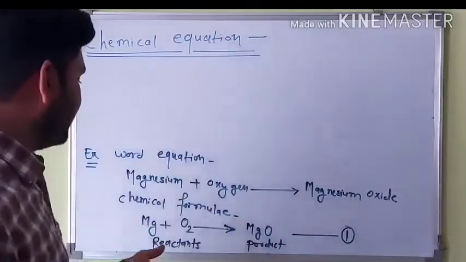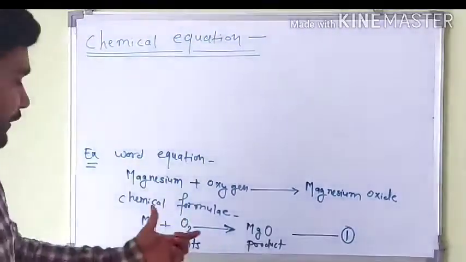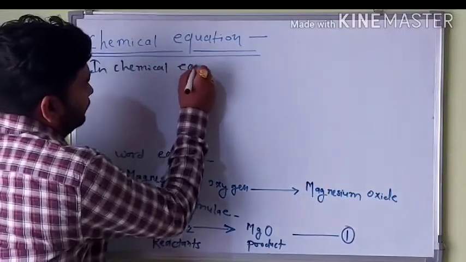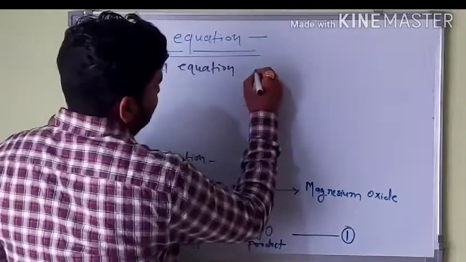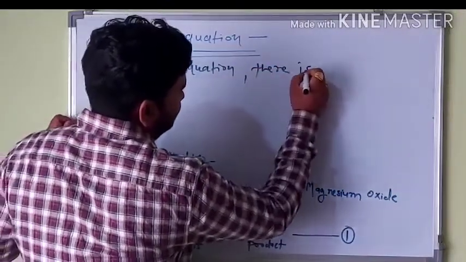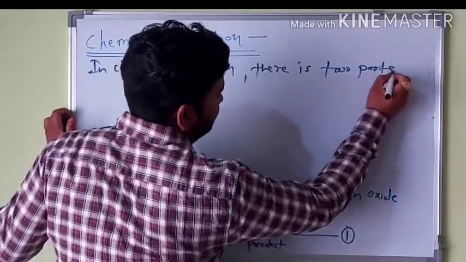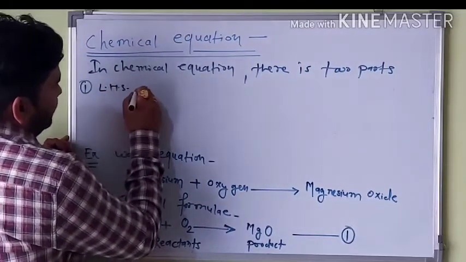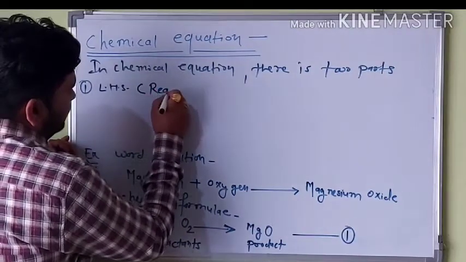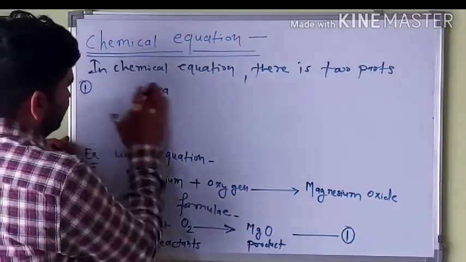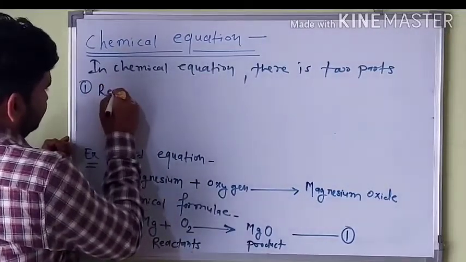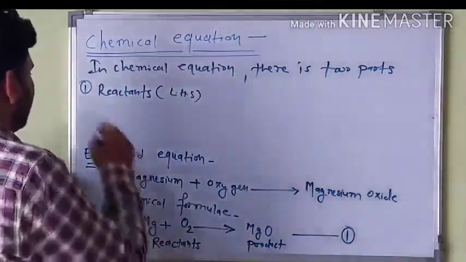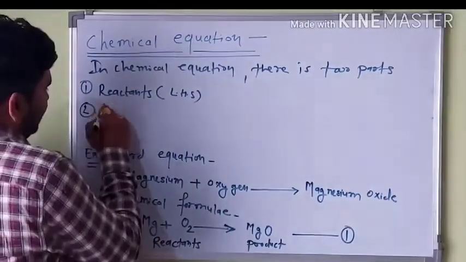Okay, so next, in a chemical equation there are two parts. The first one is the left hand side part, which is also known as the reactants. The second one is the product.